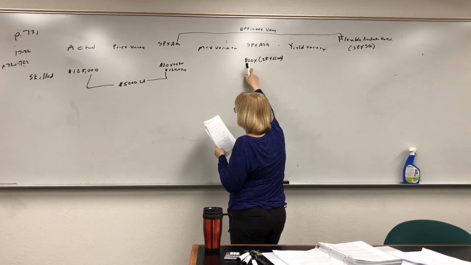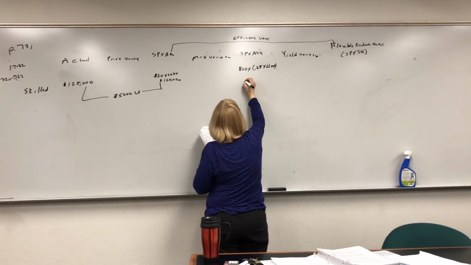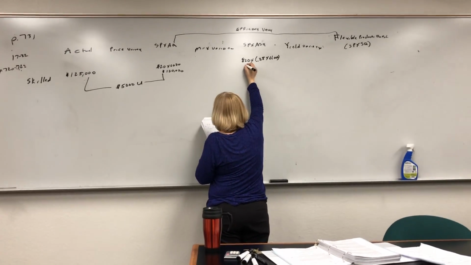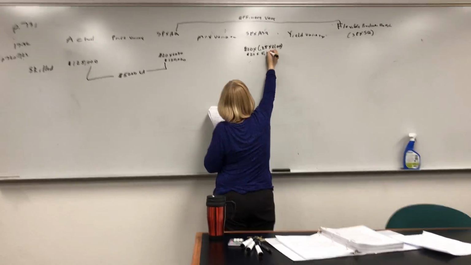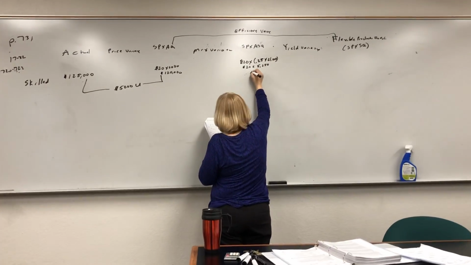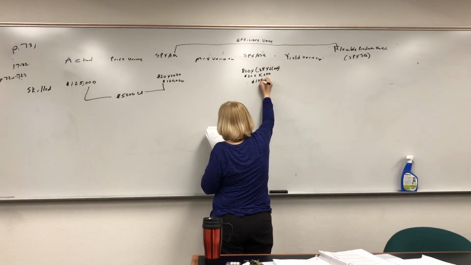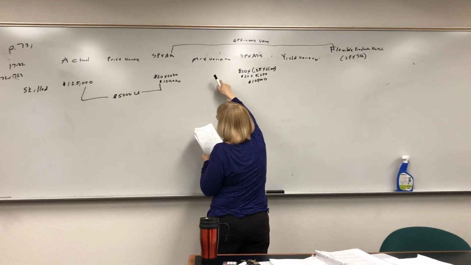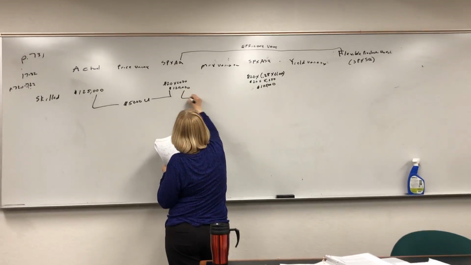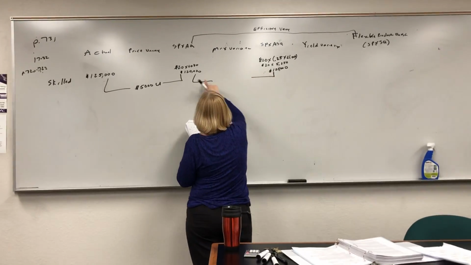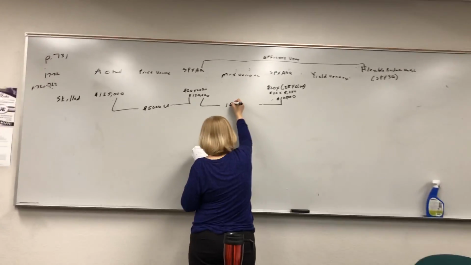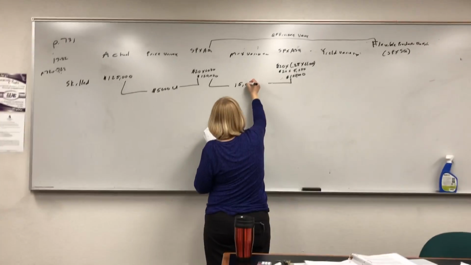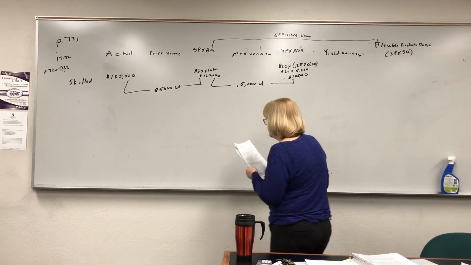When you work that out, you get $20 times 5,250, so a total here of 105,000. So our mix variance here is going to be 120 minus 105, which gives us 15,000 unfavorable.